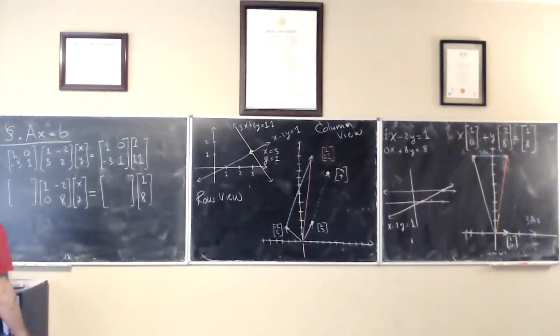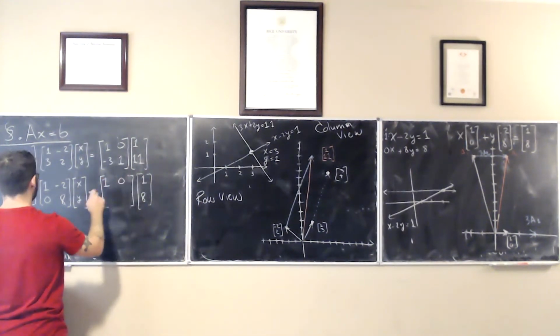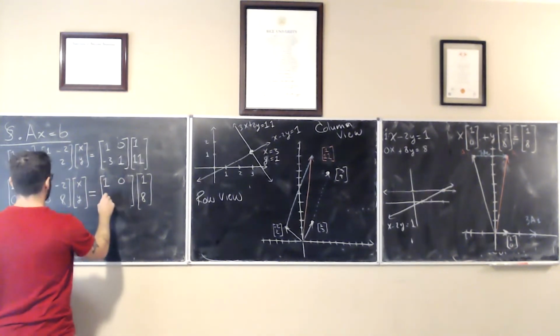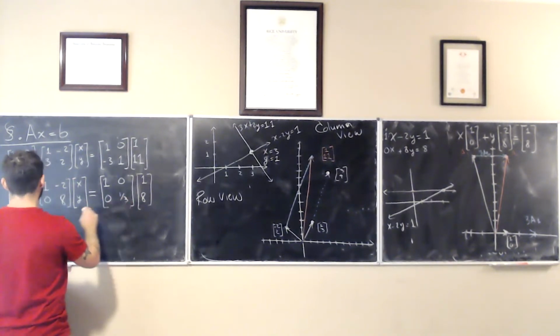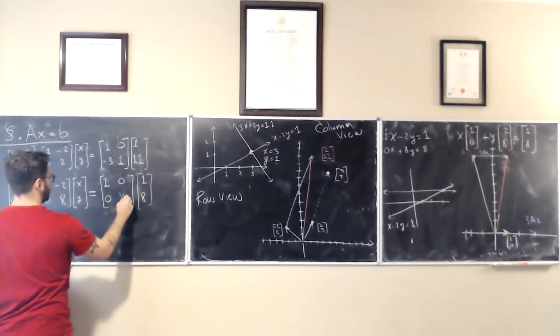Well, I'm just going to leave the top row alone. I'm not going to do anything to the first row, and I'm going to multiply the second row by 1/8. 1 of the first row, 0 of the second row, so the first row stays the same. But then I'm altering the second row by multiplying by 1/8.